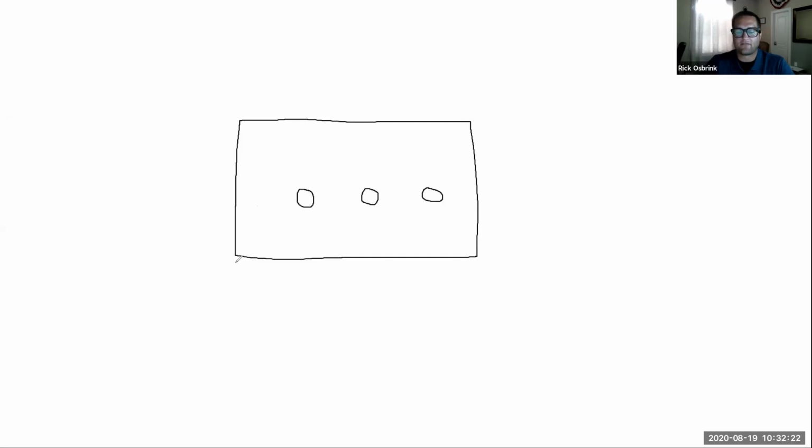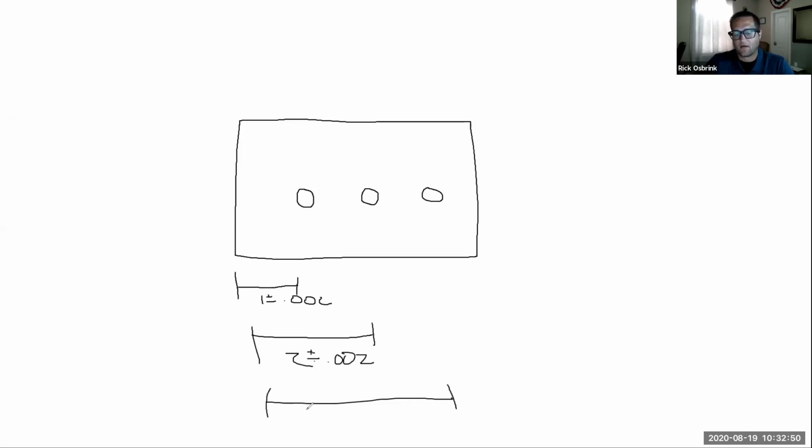If I have these dimensioned off of a datum point, say that this is 1 inch, plus minus 0.002, and then this next hole is 2 inches, plus minus 0.002, and then 3 inches to that hole, plus minus 0.002.